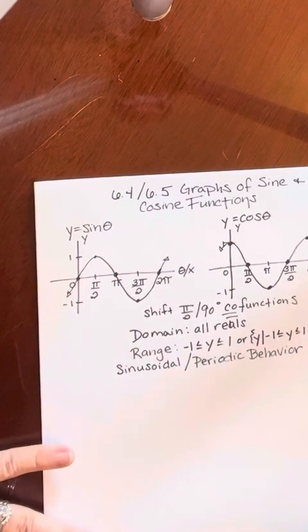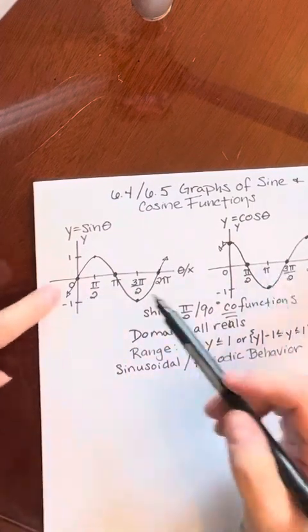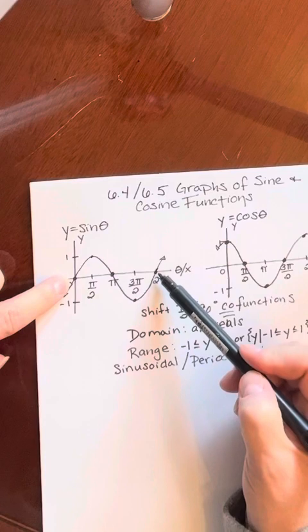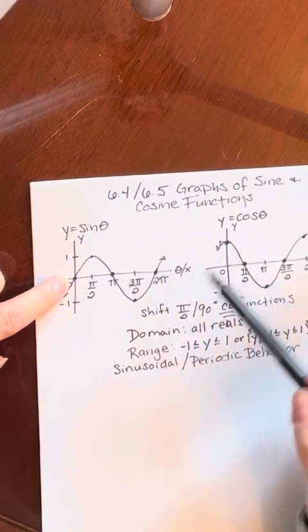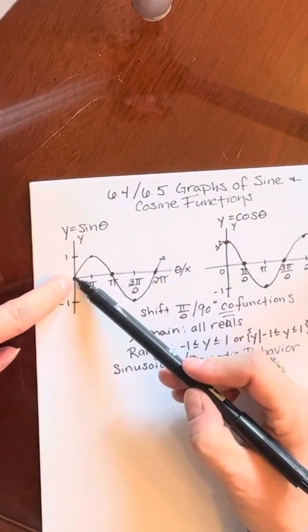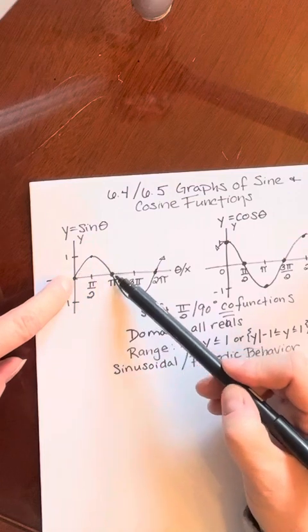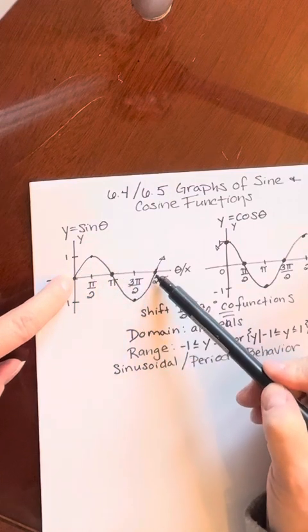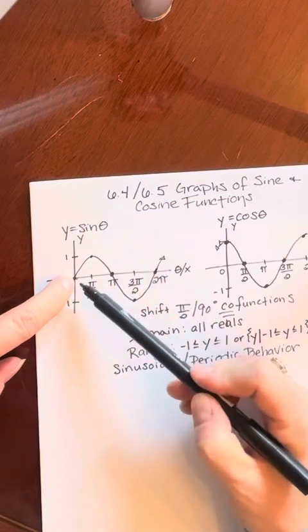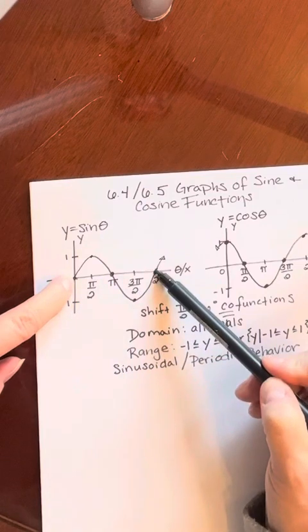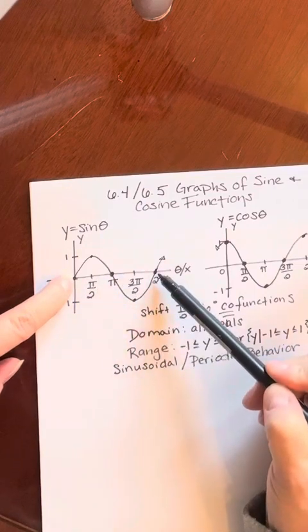And it goes on and on and on. So in this case, it takes a period of 2 pi for the function to, let's look at sine, start at the origin, go up, come back and go down, and then hit the origin again. So it takes from 0 to 2 pi for all the values to be hit.